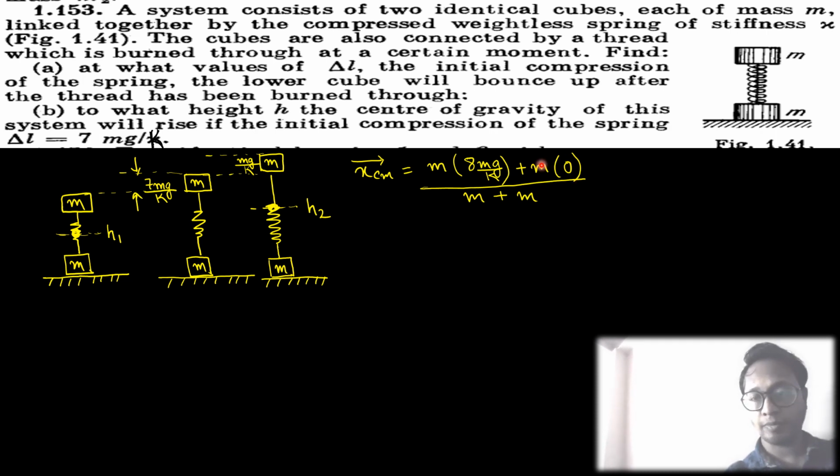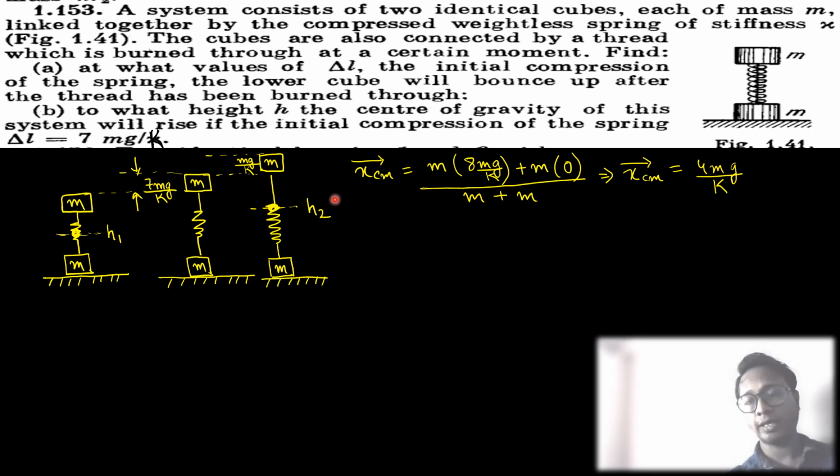So that's why mass into 0. So the displacement of center of mass would be 8 mg by k divided by 2, or 4 mg by k. Basically h2 minus h1 is 4 mg by k, or the center of mass from this position to this position has risen by 4 mg by k.